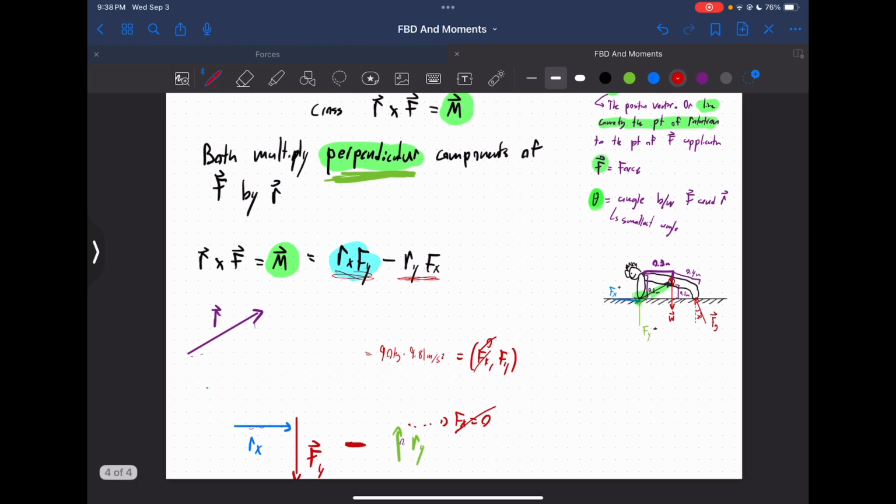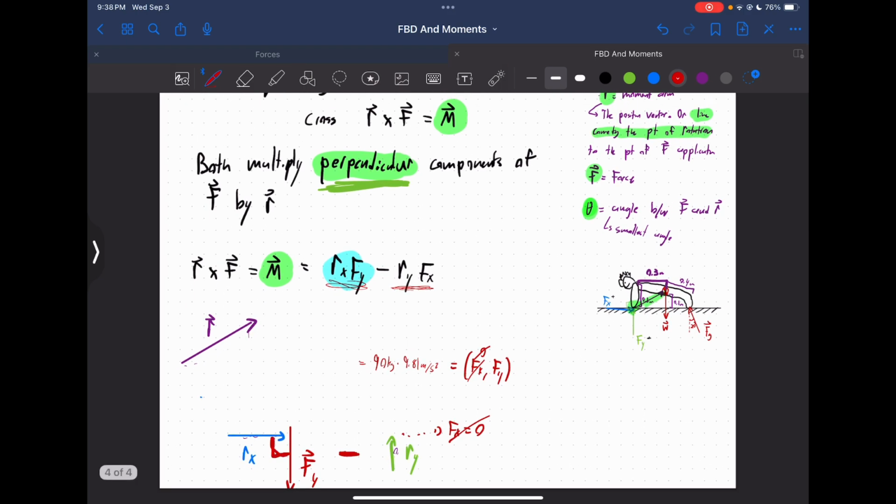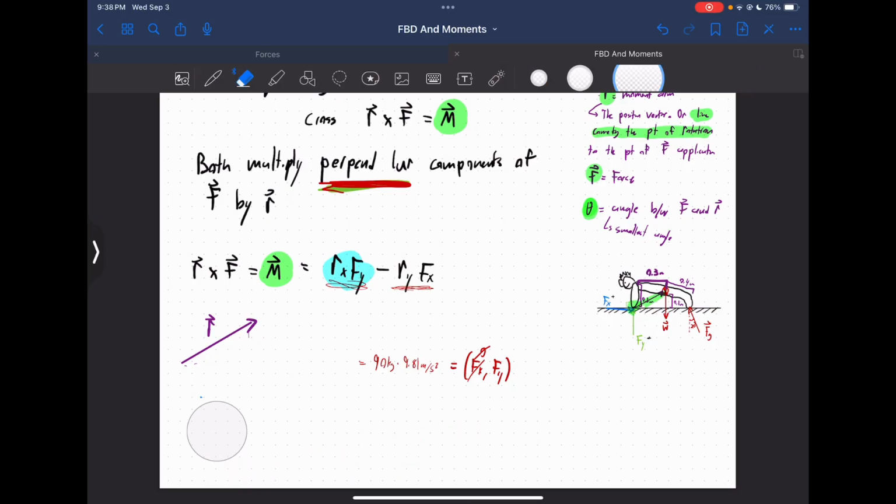But look, they are perpendicular to each other. Both are perpendicular to each other. So same thing, it's only multiplying those points that can cause rotation. Correct?